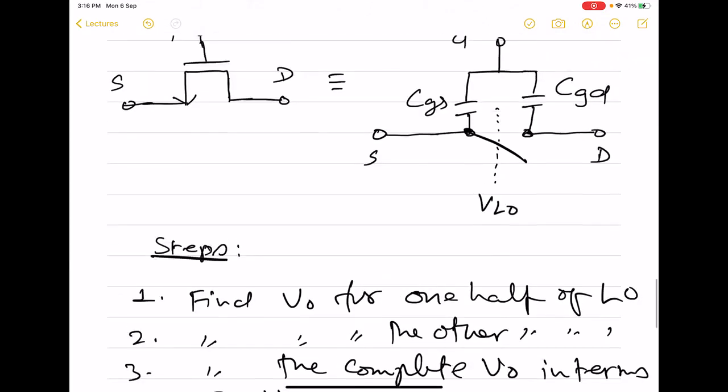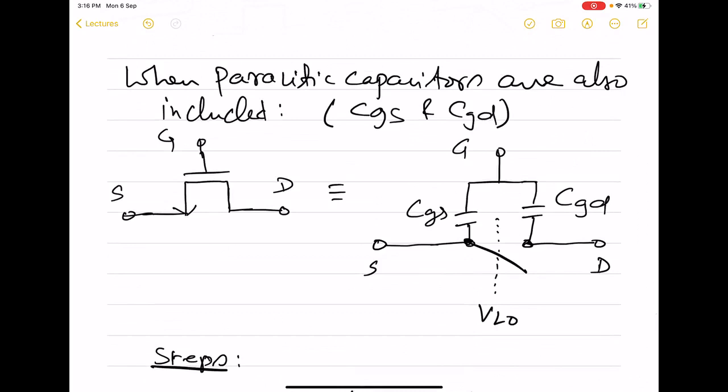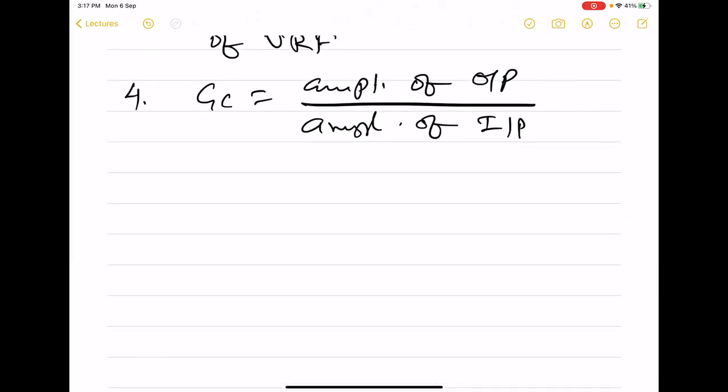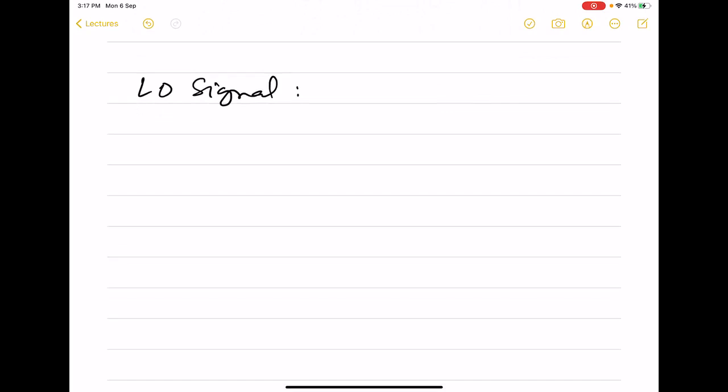So here we see that LO is going to decide whether this switch is going to be closed or it is open. So we have to assume a certain type of LO signal. So there are two ways in which LO signals can be assumed. It will be better to consider them as a square wave. So one is that we consider it between positive and negative values like this.